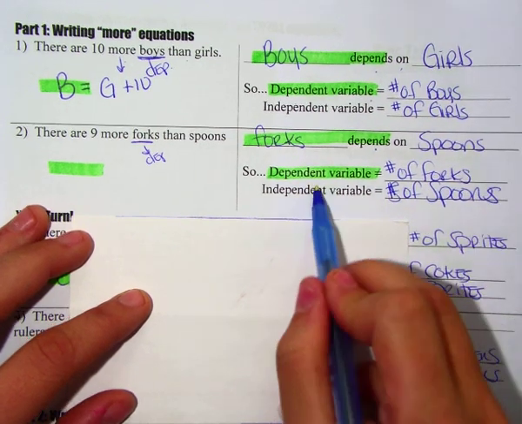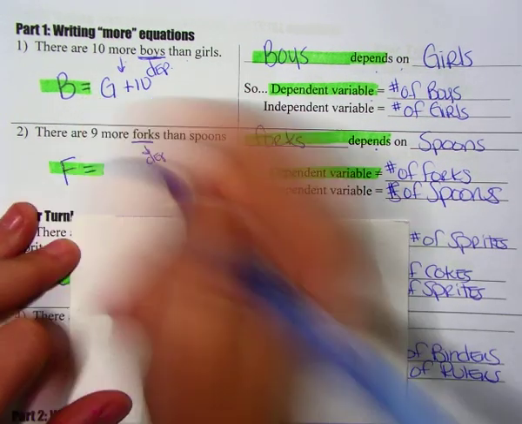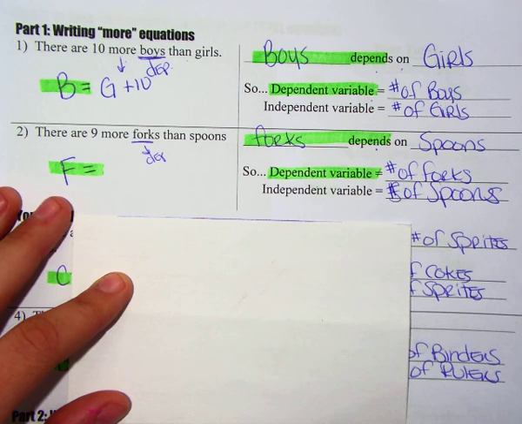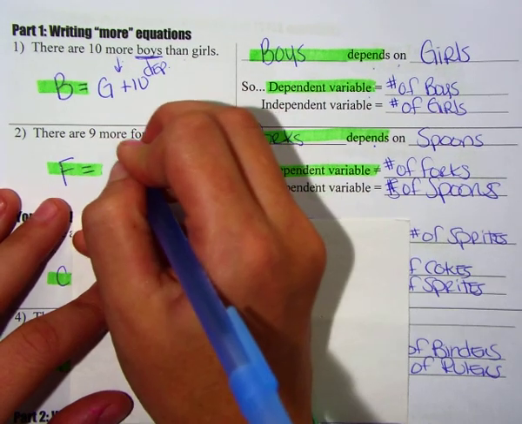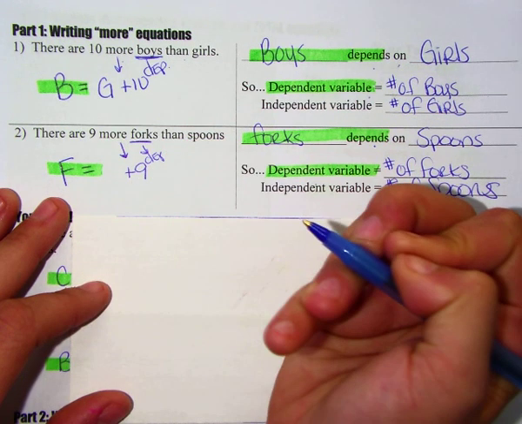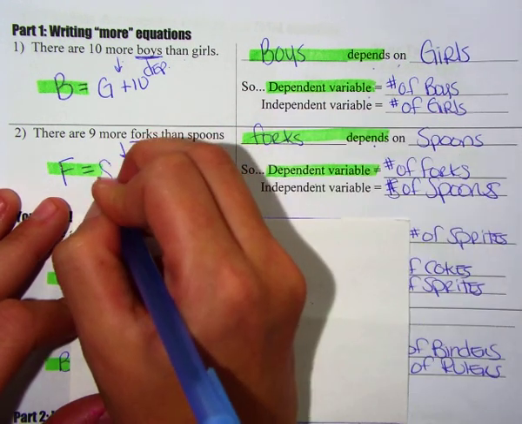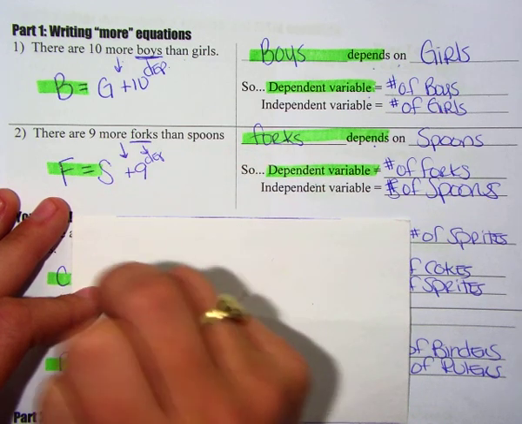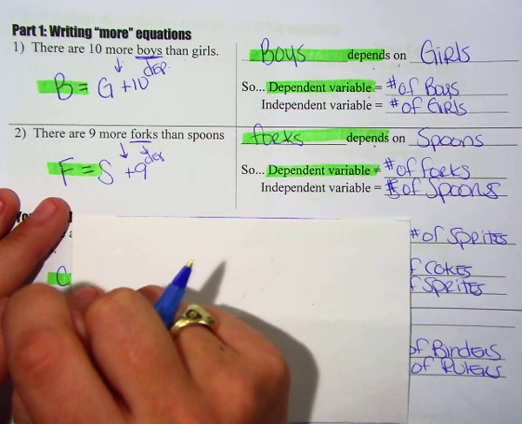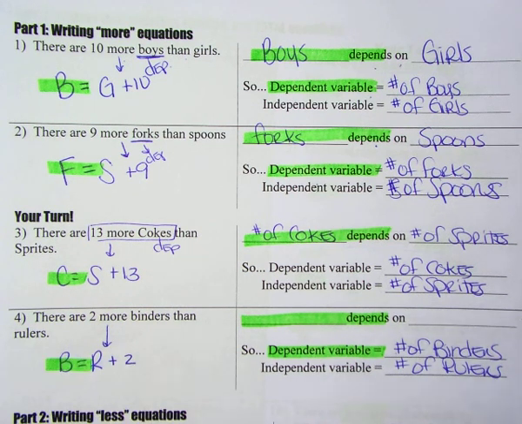Because the dependent variable is forks, forks go on the left side of the equal sign by itself. Now we use everything from last unit. 9 more means plus 9. 9 more forks than spoons. So spoons plus 9 will tell you how many forks there are. You can take a look at the answers to these two on the answer key.